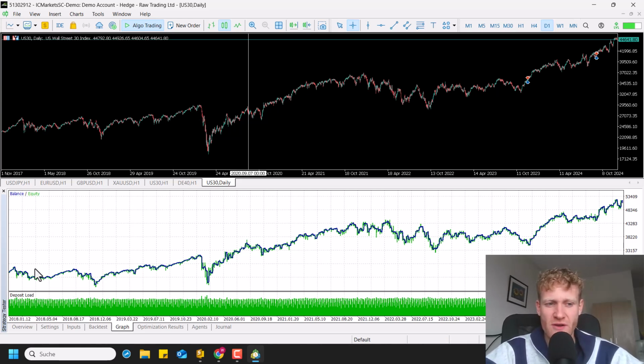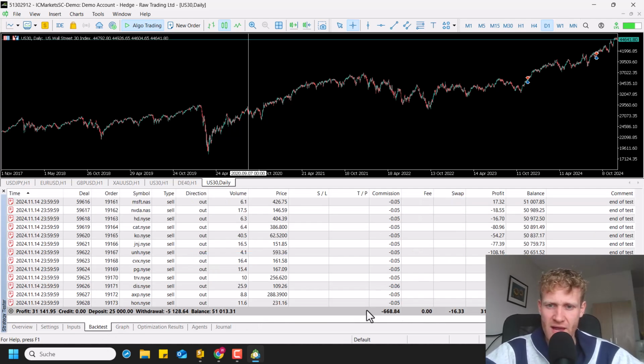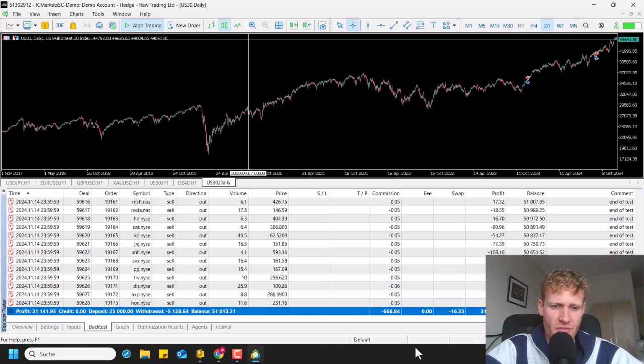So if we just trade from Monday to Friday, all fees included here, you can see here in the deals, we have all of the withdrawals here, which is my artificially calculated swap, the correct swap. Then we have some original swap here also from the MetaTrader.